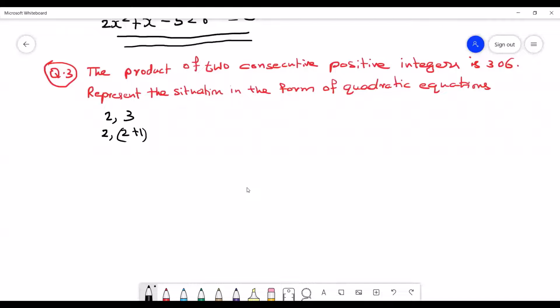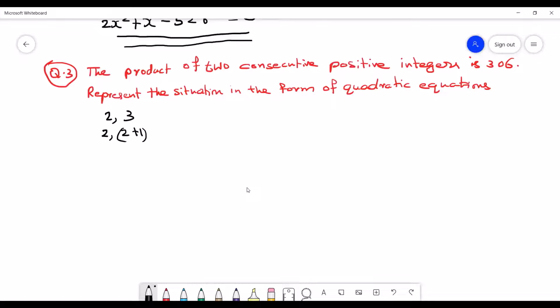Both are the same. Then the product of the two consecutive integers is given as 306. We have to find the two consecutive integers here. I wrote 2 and 3, then 2 and 2 plus 1, but these are not the given consecutive integers, which we don't know.